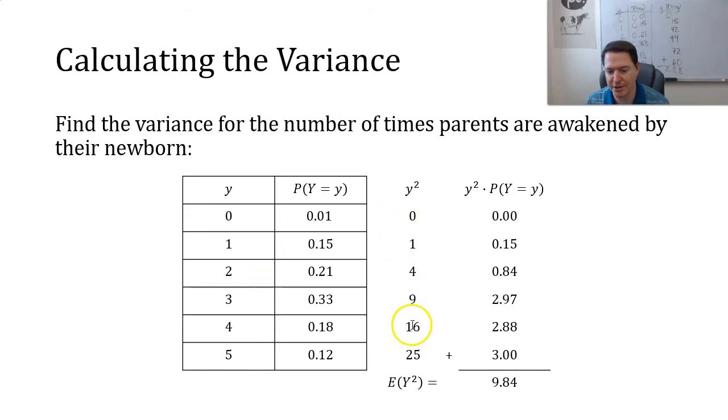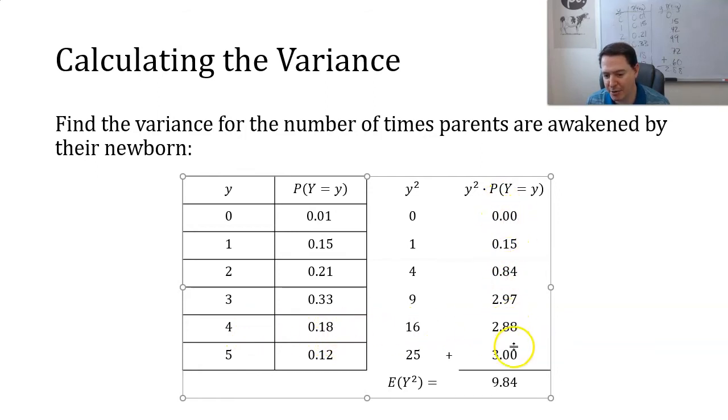This is all of my possible y values squared, like the same PMF table as I used for the mean. Then I'm going to multiply all those squared y values times the probability of it occurring. So for example, this 2.88 here is 16 times 0.18, right? My y is 4, I square that and multiply it by its probability of occurring.